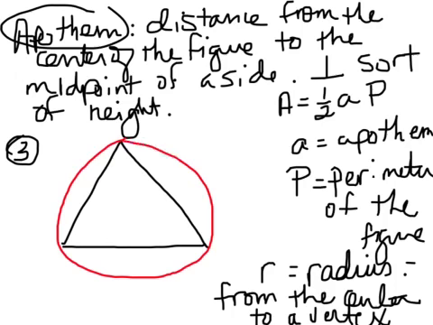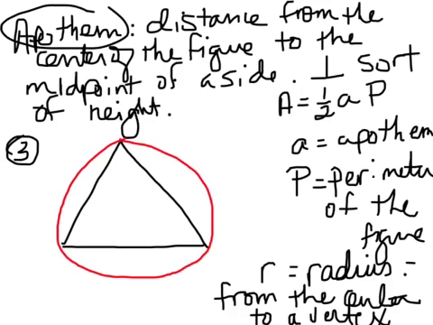What's not on this paper, it's helpful to know, is that all these figures, you would construct them by drawing a circle and then making equally spaced arcs, depending on how many vertices you have. And that's how you would actually draw one of these if you wanted to construct them. For instance, 360 degrees divided into 3 arcs means that each one of these 3 arcs is 120 degrees. That's not really going to help me here too much.